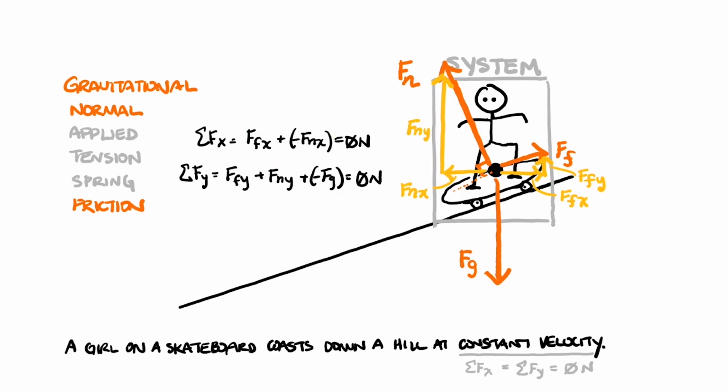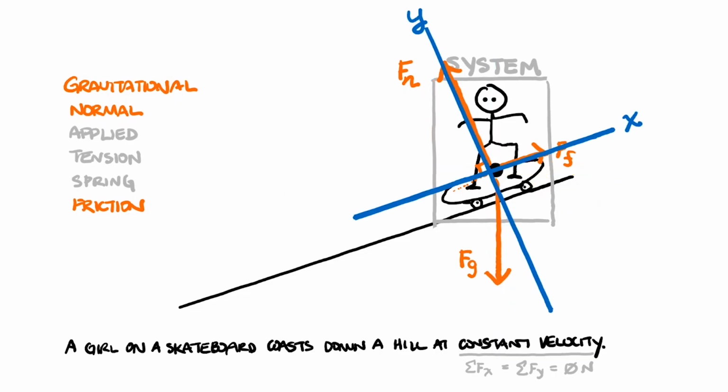Currently, our perspective takes the y direction to be up and down, and the x direction to be left and right. What if we took this coordinate plane and rotated it so that the horizontal direction is now parallel to the inclined surface? Now, there's only one vector that is at an angle relative to this coordinate plane, the gravitational force.